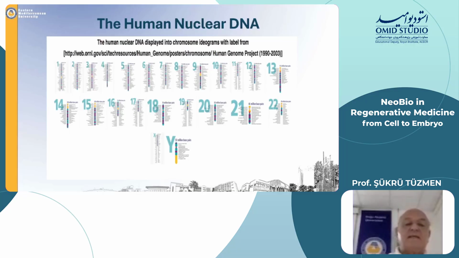So you see the autosomes going from 1 to 22. Although you cannot read the small pointed writing here, each of them has an individual number of genes that they represent.